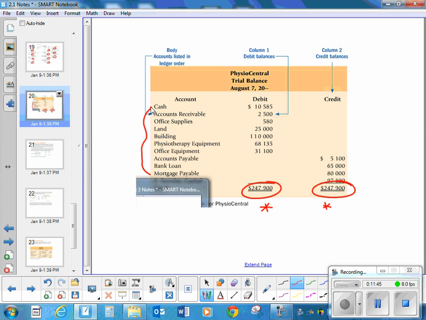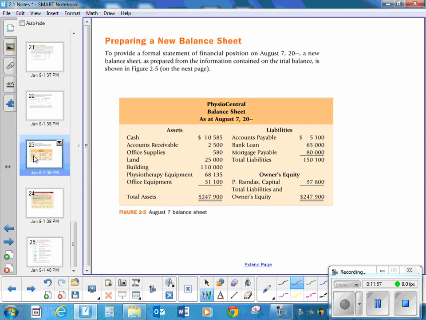So for instance, if you bought office equipment and you put it into office supplies, it's not going to pick it up on the trial balance. So you just have to be careful when you're doing your transactions. Okay, so there's your balance sheet. At this point, you might have some errors in your accounts, but you know that your debits equal your credits. So at this point, that's our most important piece of information.